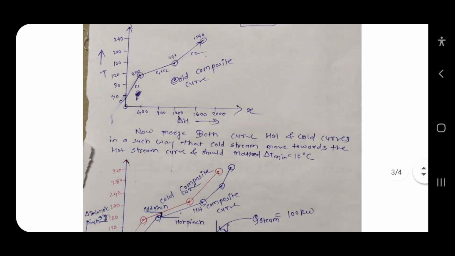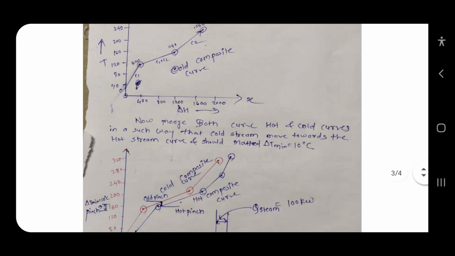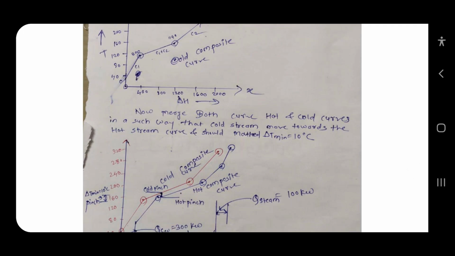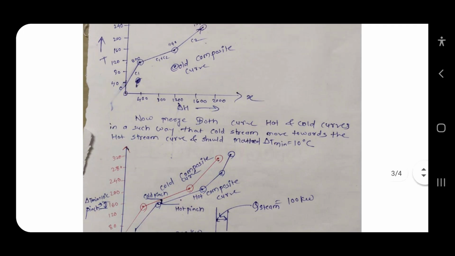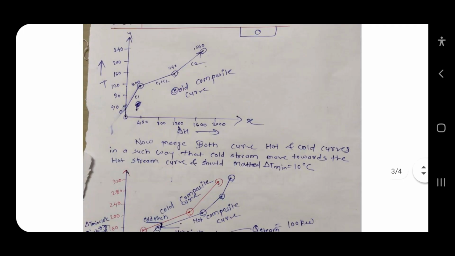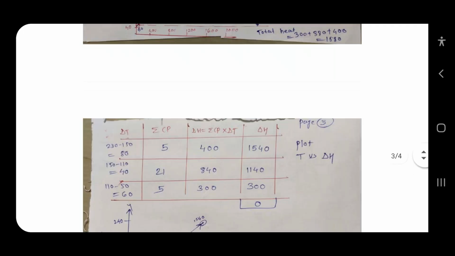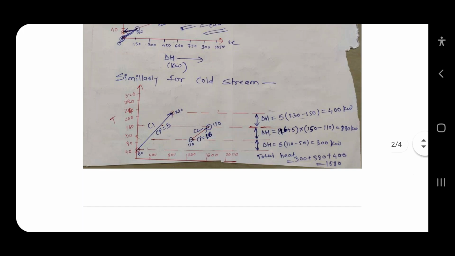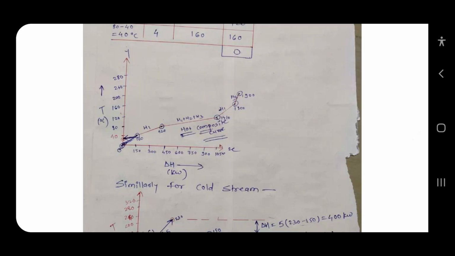Now in the last web session, I told you that you have to merge two curves. That is nothing but this hot stream curve and this cold stream curve. So in such a way that you have to move the cold stream curve in the downward direction, by keeping delta T minimum at 10 degrees Celsius.